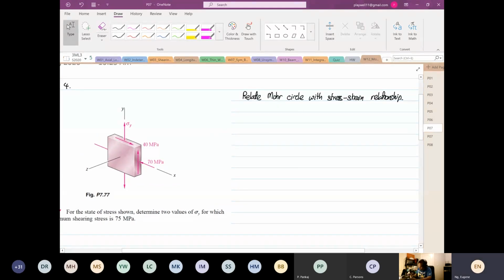So we're going to relate Mohr circle, right? So this is Mohr circle. And then how is this related to the stress strain curve? Okay, so this is just the elastic region.